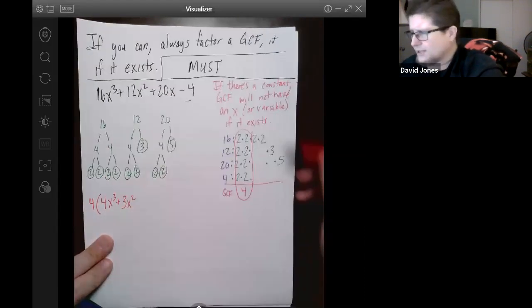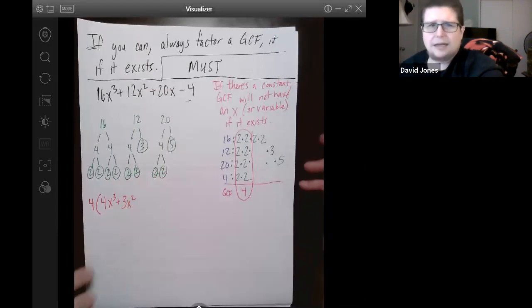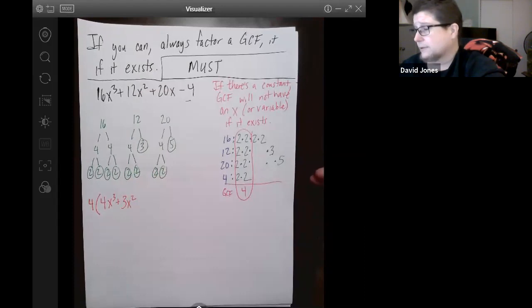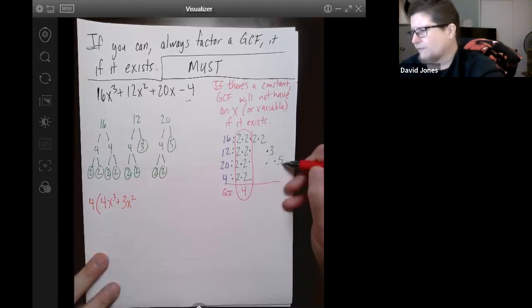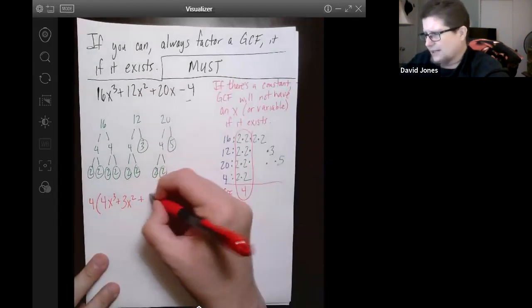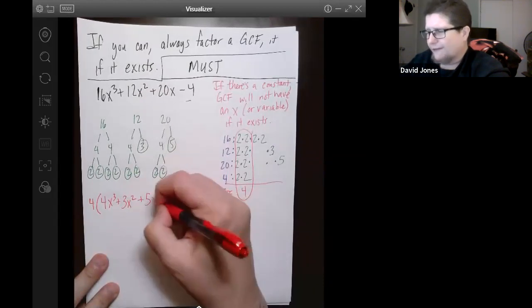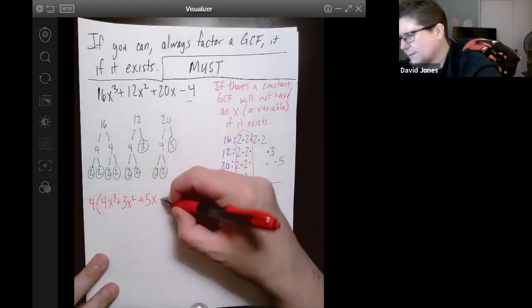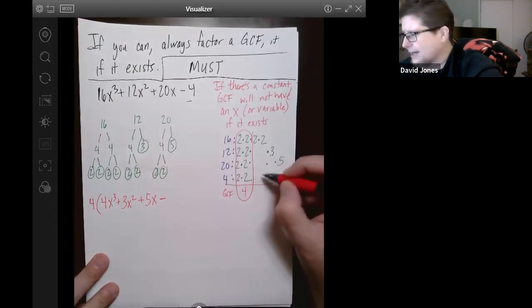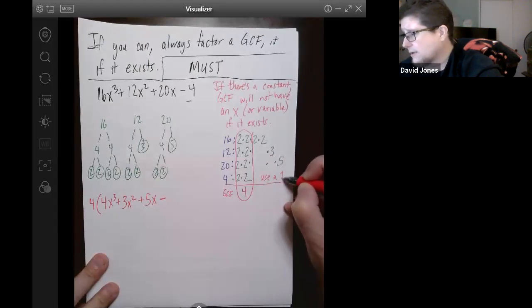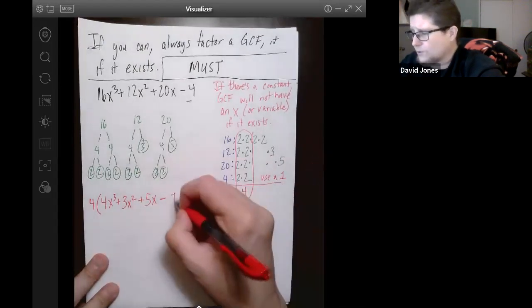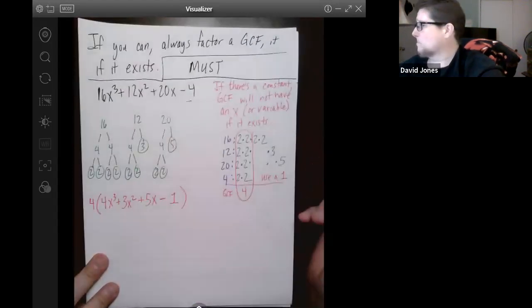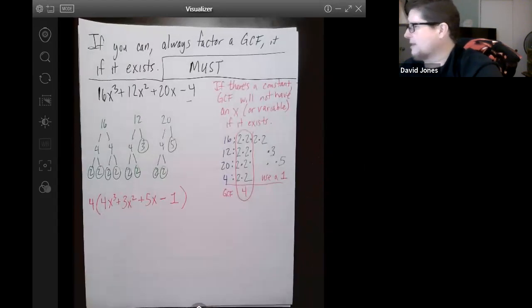You can put the x's over here on the tables, but you'll see that it doesn't have a common factor. So save yourself some work. 20 left behind a 5. And it was 20x, so it'll be 5x. And then we had negative 4. It's going to be negative. Nothing here, so use a 1. When the row is empty, use a 1. And there we go.